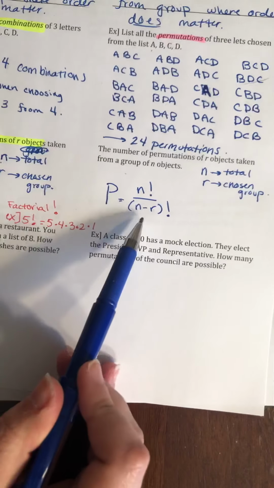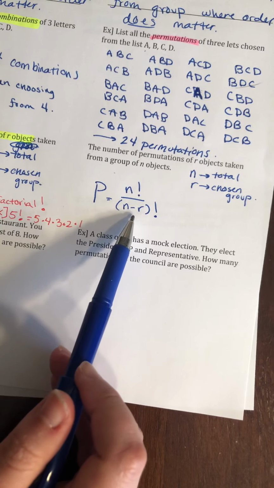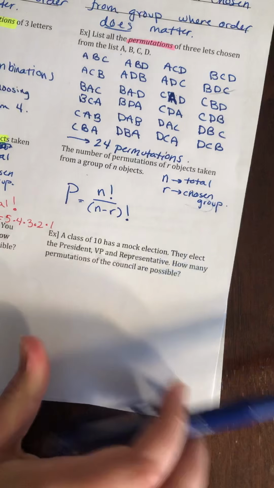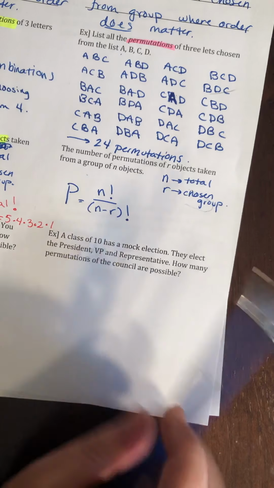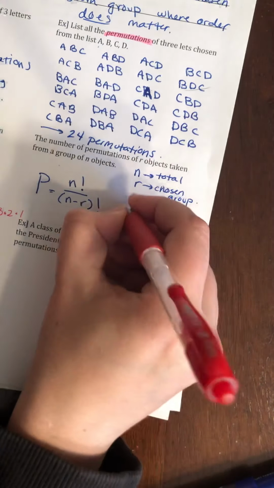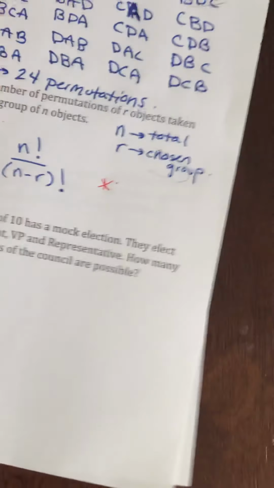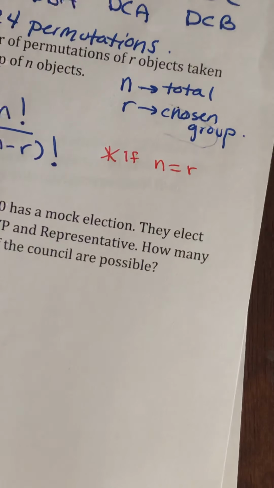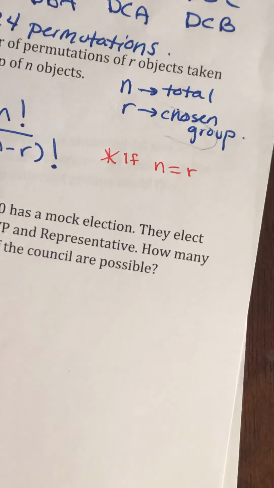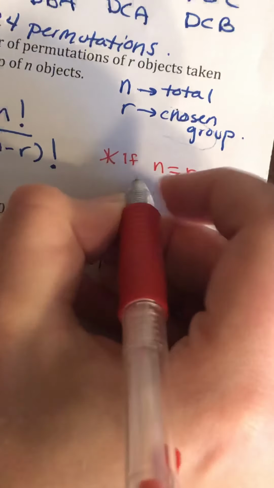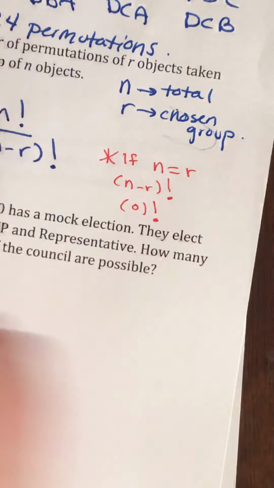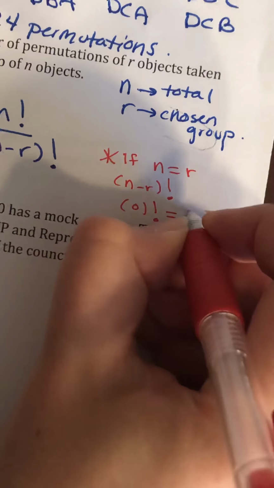Now, what if I am choosing everything from a group? If N and R are equal, say there are 5 people and I'm choosing 5 people, I'm just looking at the order. In which case, N minus R would give us 0 factorial. 0 factorial is equal to 1.